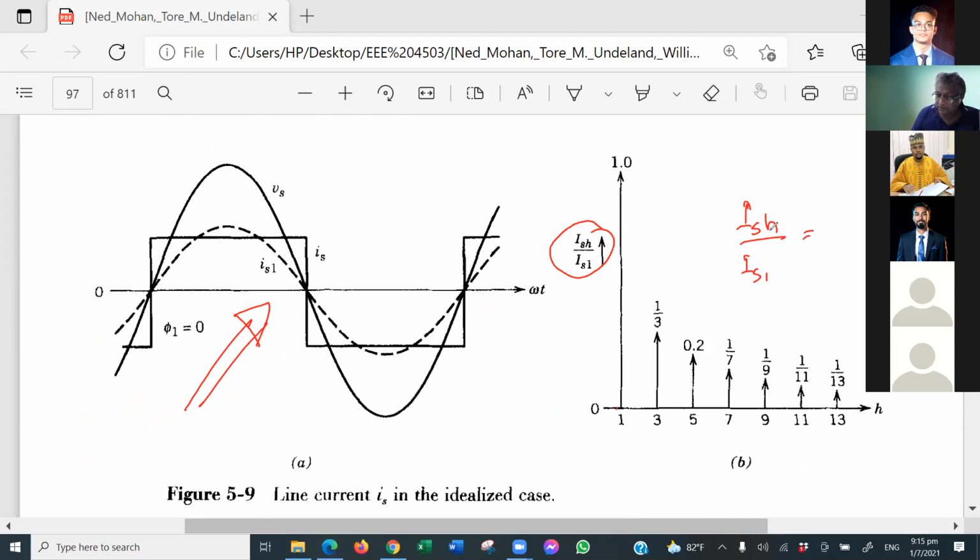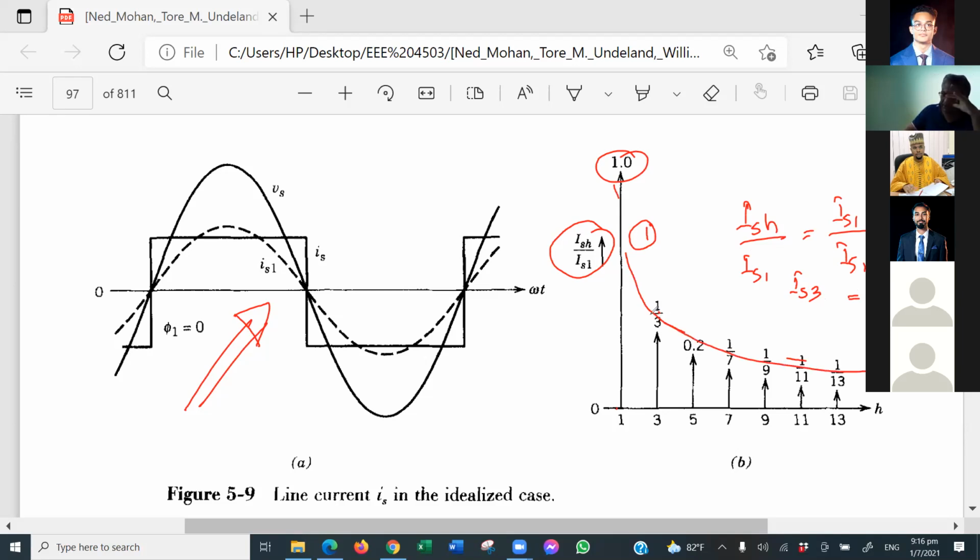If you put h equal to 1, then IS1 is the fundamental, so it is 1. And for h equal to 3, it will be IS1 by 3, that means 1/3. And this way it is going down.